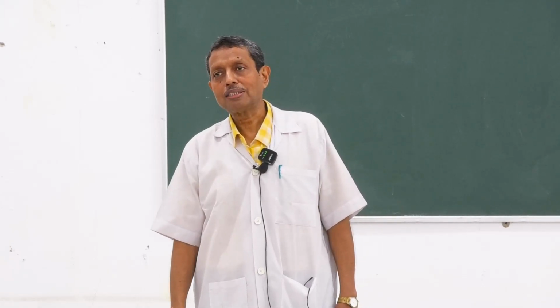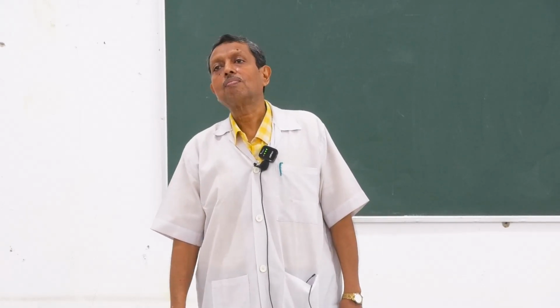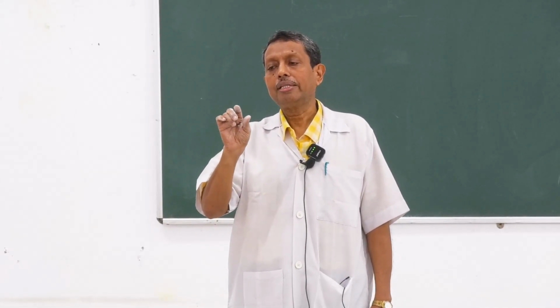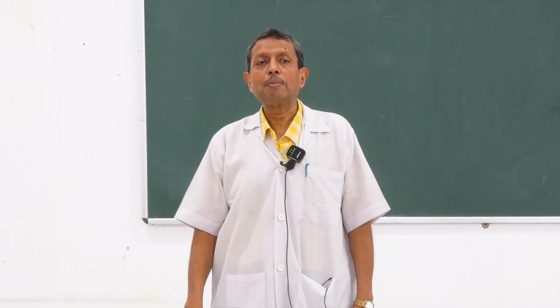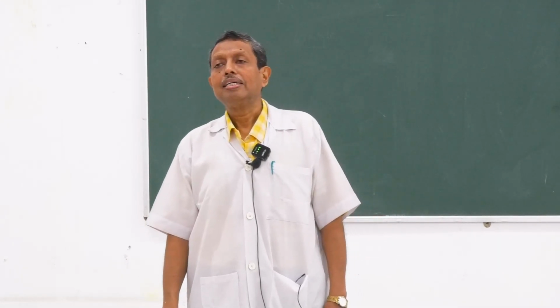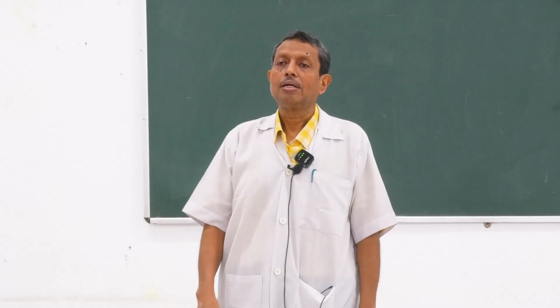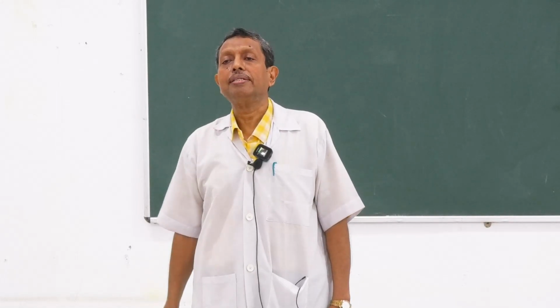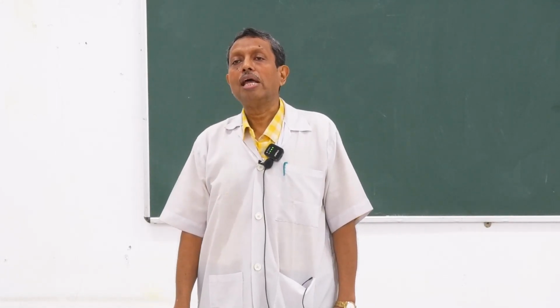And for this purpose, there is a means by which there is increase in the dioptric power of the lens, and it is produced by the increase in the curvature of the lens, and it is called accommodation.